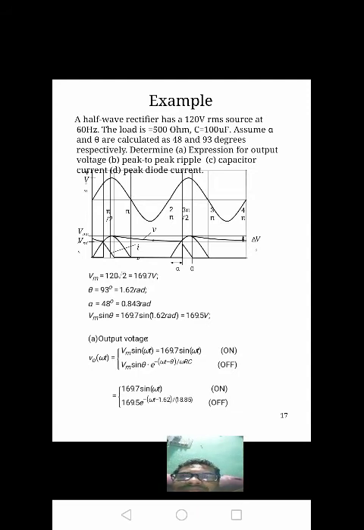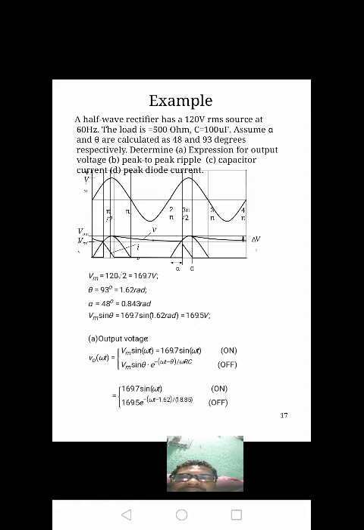Solution. The RMS value is already given. The maximum value is equal to RMS into root 2, so Vm is equal to 120 into root 2, which gives 169.7 volts. The theta value is already given as 93 degrees, converted into radians, it is 1.62 radians. Similarly, alpha is 48 degrees, converted to radians, 0.843 radians.